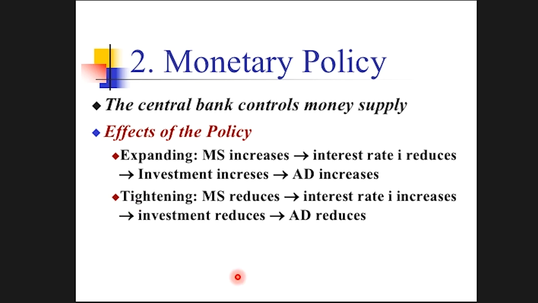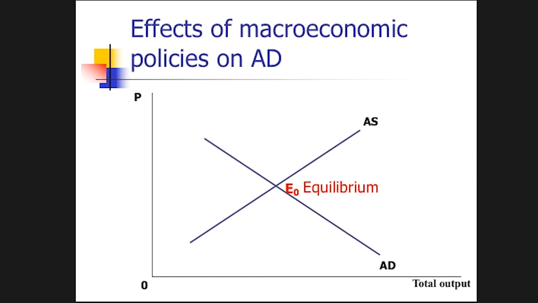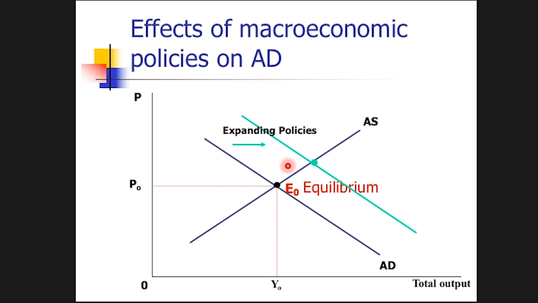So for both policies, we can see that if we apply the expansionary policy, meaning expansionary fiscal policy and expansionary monetary policy, AD increases and shifts to the right. And finally, we will have higher price and higher output.